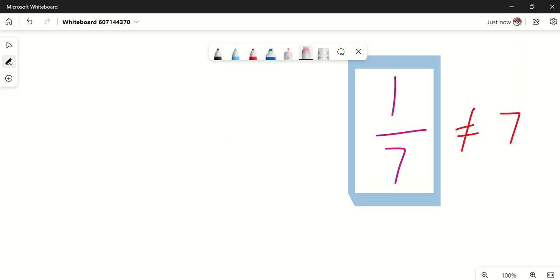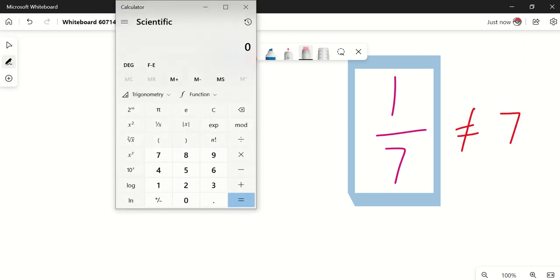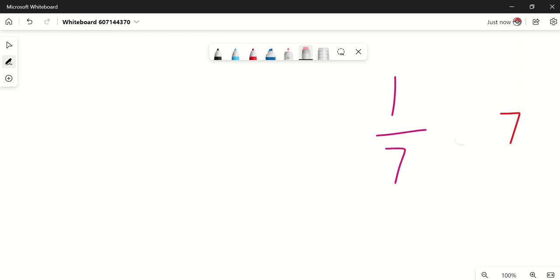This equals 1 divided by 7, which, if I pull out my handy-dandy calculator, because it is going to be a repeating decimal, 1 divided by 7 will be 0.142857, 142857, 142857, otherwise known as 0.142857 with a bar notation over all of it, because it's going to be repeating. That is not 7. That is less than 7. Therefore, do not put your whole number as the denominator. Always put your whole number as the numerator, and the denominator will be 1.